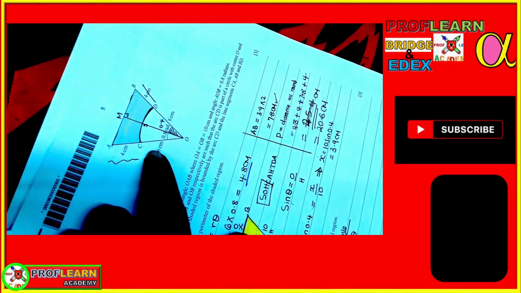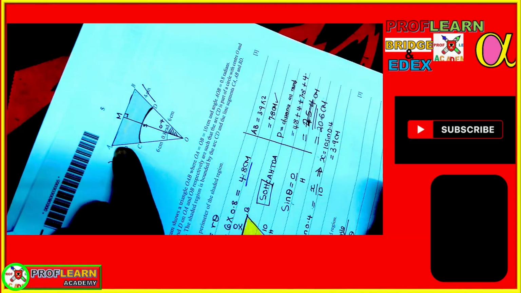For the area of the triangle, we are going to say the area is a half ab sine of theta, which is going to be a half times a and b, the two sides that are forming that triangle.